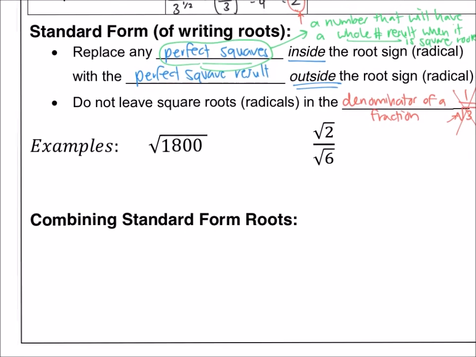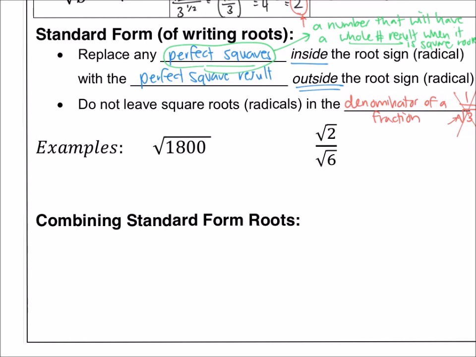Let's look at a couple examples of this. The first one is the square root of 1,800. Now the square root of 1,800 can be rewritten as the square root of 18 times the square root of 100. When you're simplifying square roots, you want to look for perfect squares, right? And once I saw the 100, I know that there's the square root of 100 in there, and so that's the one that I want to separate it into first.